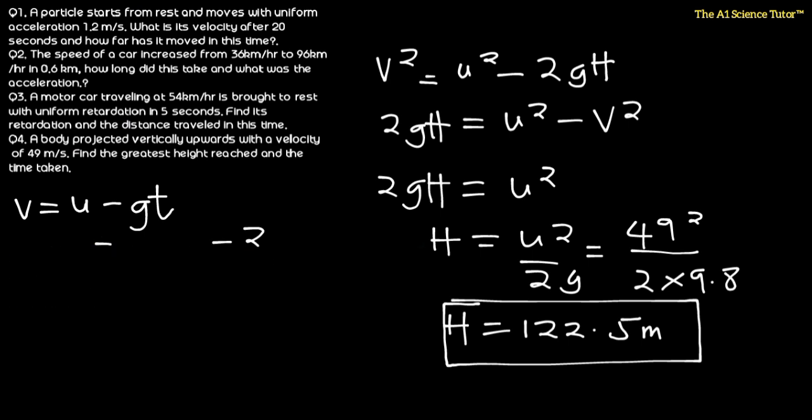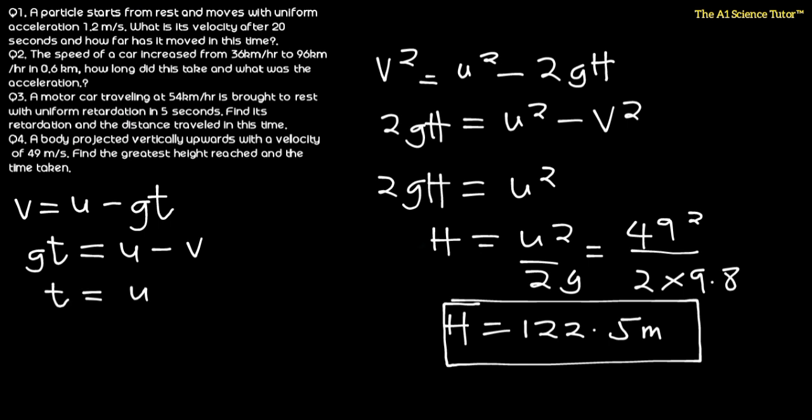So I'm going to wipe this out. And we will basically use this one. Okay. So we know that the initial velocity is 49 and the final, that is 0. We know the acceleration due to gravity. So it is just the time that we're left with here. So that is going to be gt, and this will be equal to u minus v.